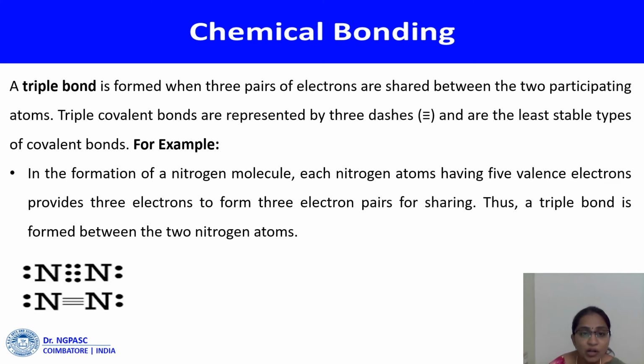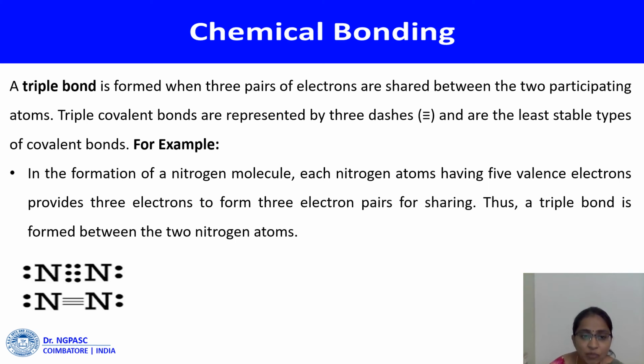A triple bond is formed when three pairs of electrons are shared between the two participating atoms. A triple covalent bond is represented by three dashes and is the least stable type of covalent bond. For example, the N2 nitrogen molecule.